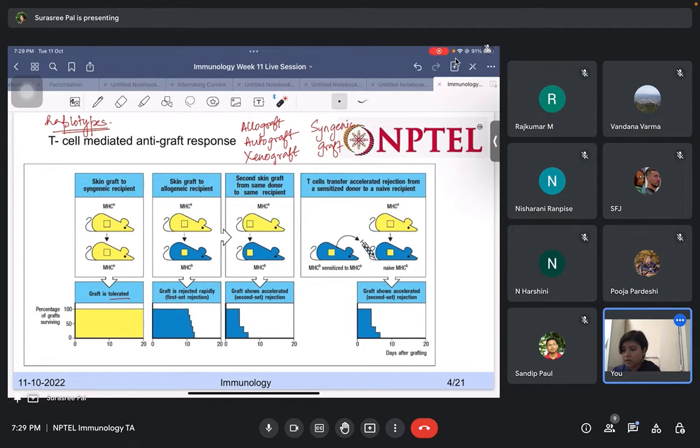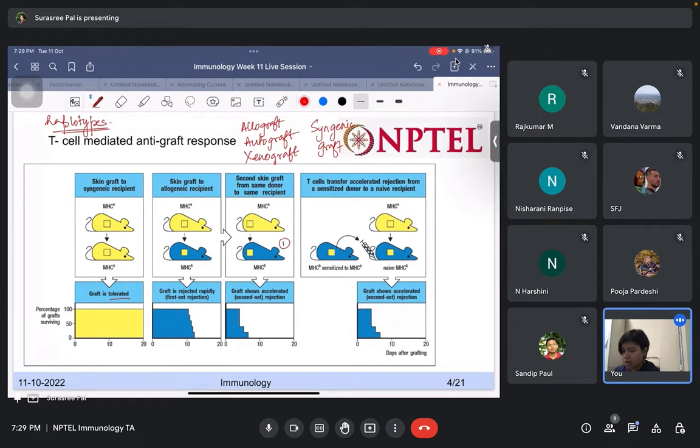So suppose this particular mouse, from this yellow mouse, the part of skin is being transferred to a naive blue mouse. But if this MHCB, which is sensitized to MHCA, is transferred, so these are two different mice actually.